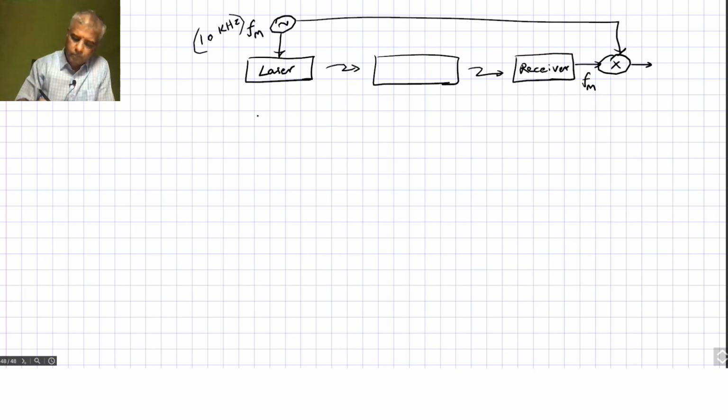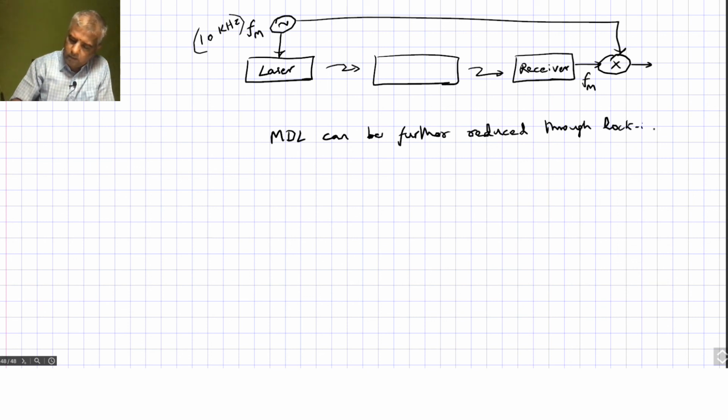So what we are saying is MDL can be further reduced through lock-in detection at FM.